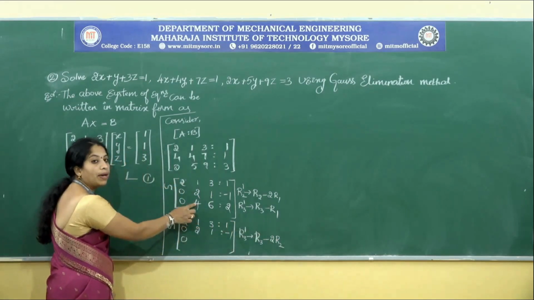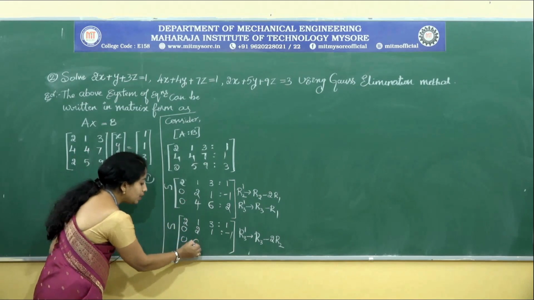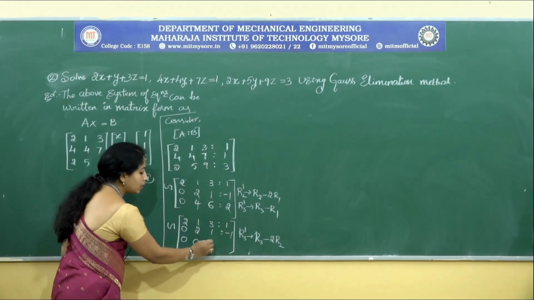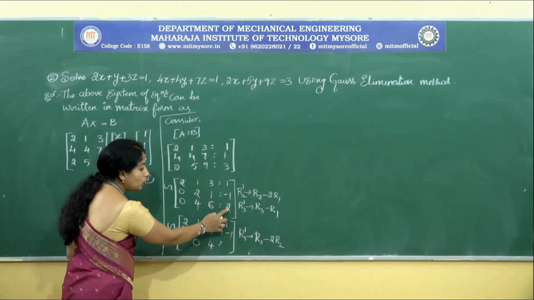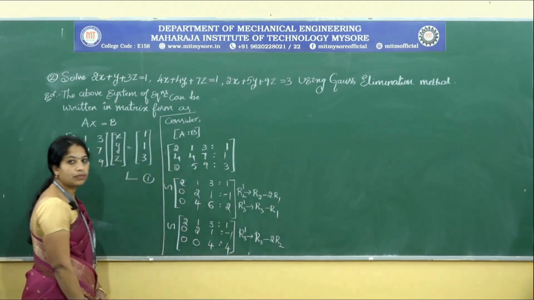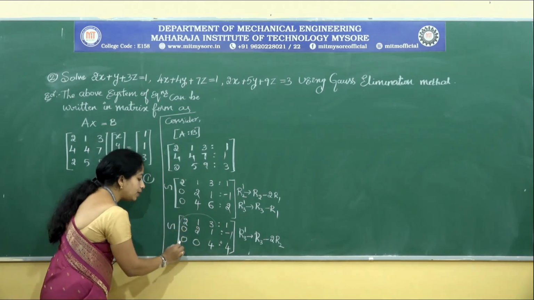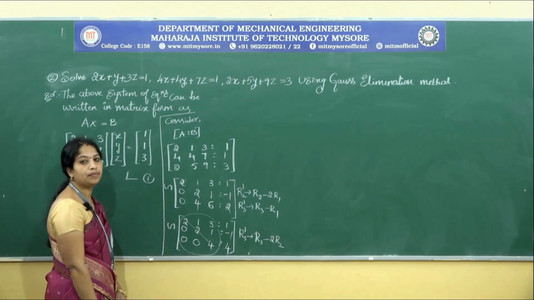That is 4 minus 2 times 2 will be 4. That is 4 minus 4 will be 0. This element is 0. 6 minus 2 times 1 is equal to 4. And the last one is 2 minus 2 times minus 1 will be plus 4. Now we have reduced the coefficient matrix into an upper triangular matrix.